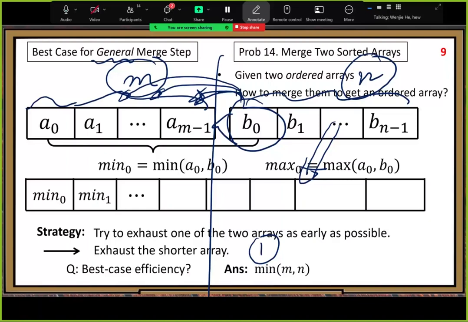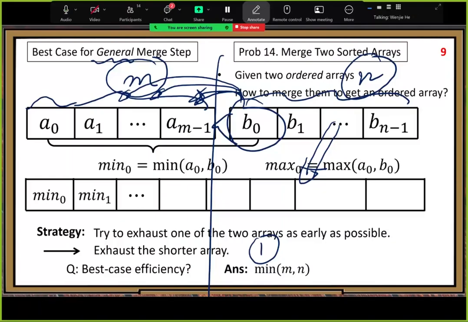For the last one, to get a clear idea, if you do the last one, do you get a better average case? When we compare two merge algorithms, which one is better, we should compare their average case efficiency, right? Which one would give us better average case efficiency?